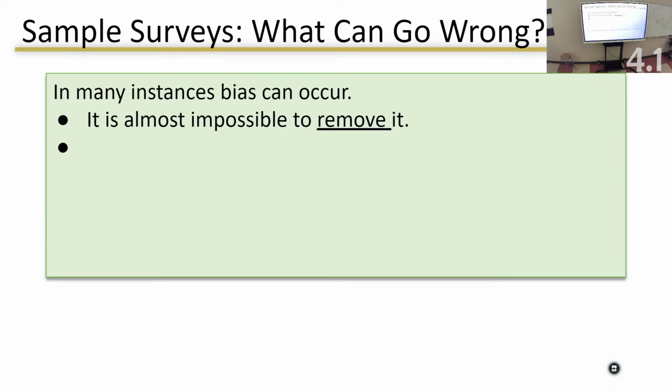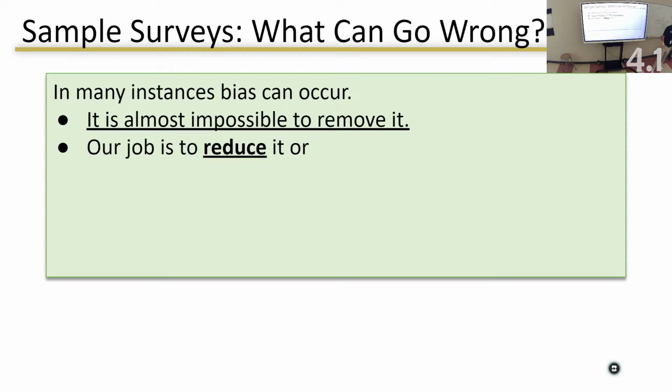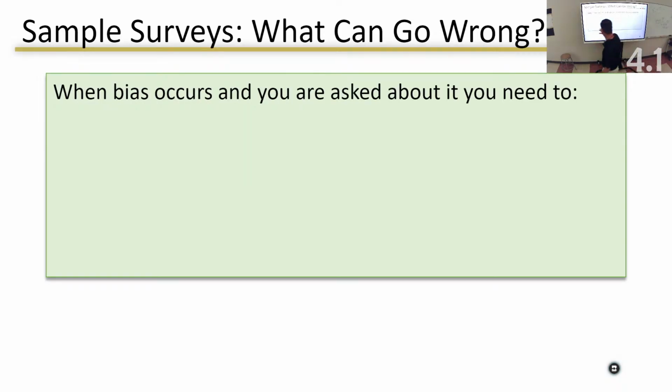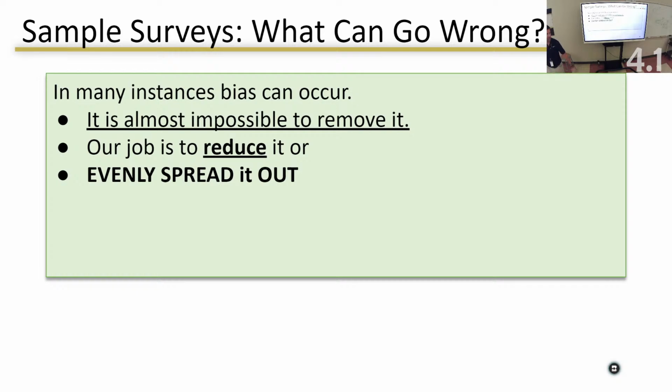It's almost impossible to remove bias. Don't put down on any free response that we need to remove bias. You can't remove it. The R word we're looking for is reduce. We're trying to reduce it as much as possible. And when you can't reduce it, which sometimes you can't, then you want to spread it out evenly so that the bias is over here and I can't tell the difference.